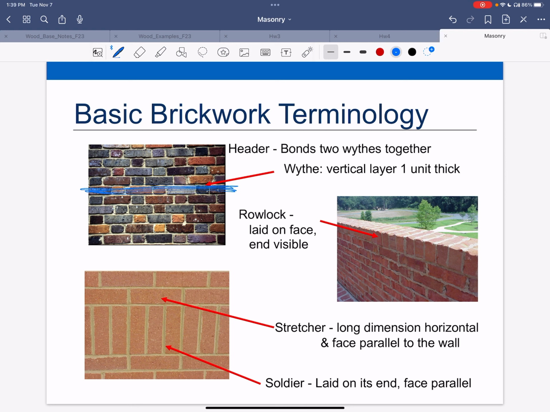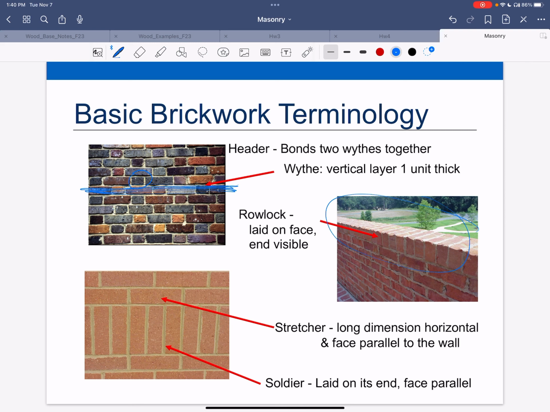The header, it's pointing, but not so great. These bricks that are sitting going into the page pull the wall together so that I don't just have a skinny stack of bricks, right? So if this is 2 bricks wide, of course, on both sides, that would be the one that branches, similar to this picture.